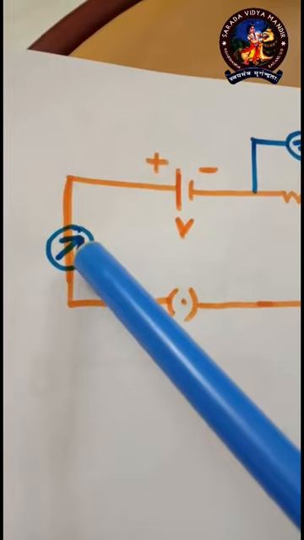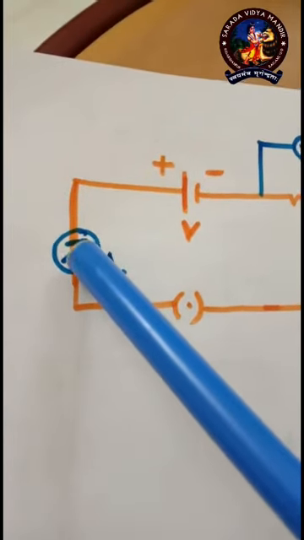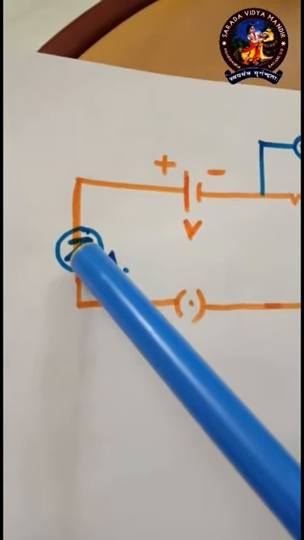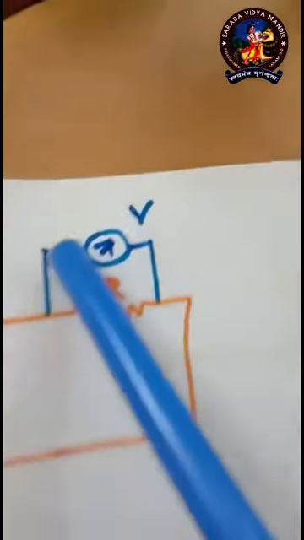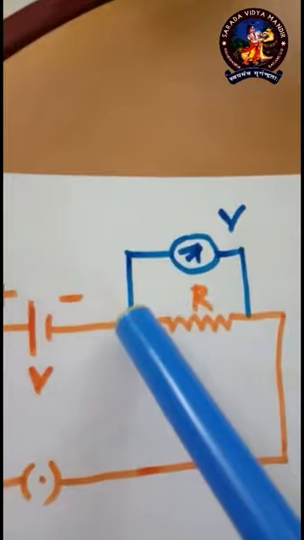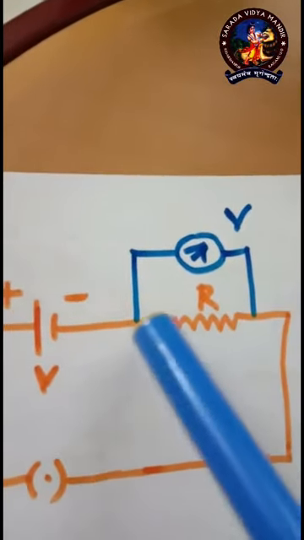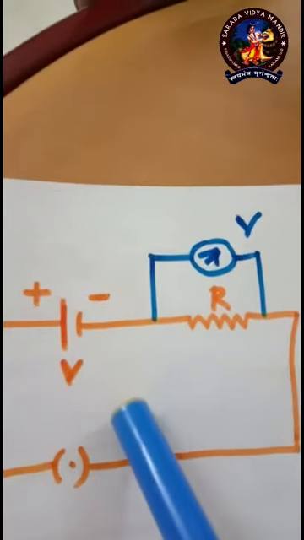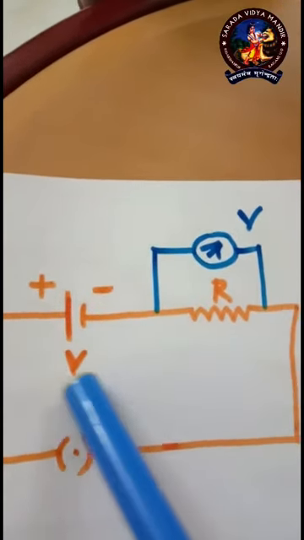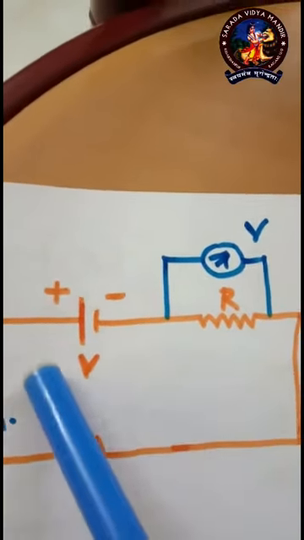Ammeter is the device by which we can detect the current through the circuit. And this is one voltmeter, and it is to be connected across any of the components. If I put the voltmeter across this battery, I can get the EMF of the battery.